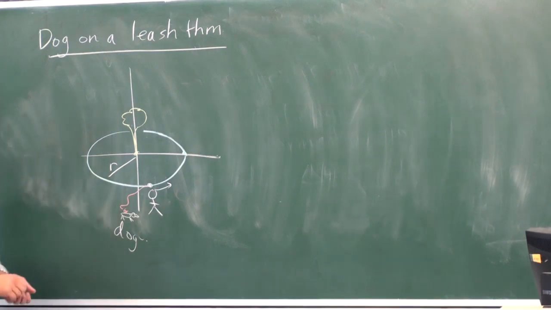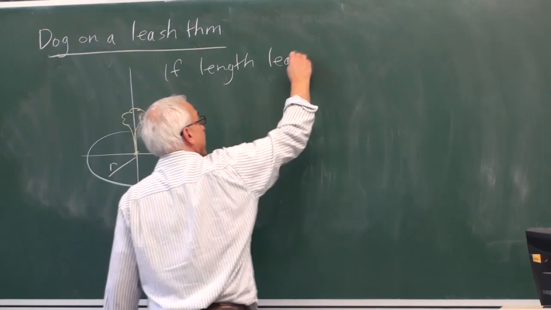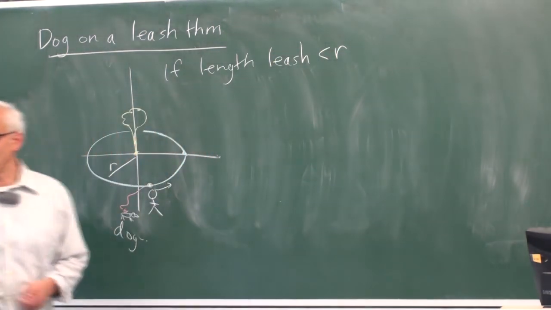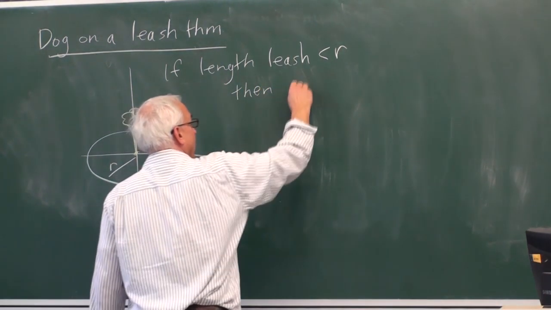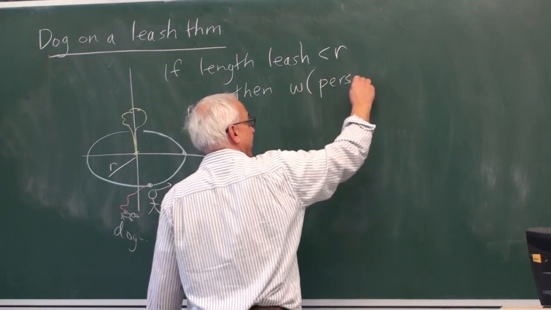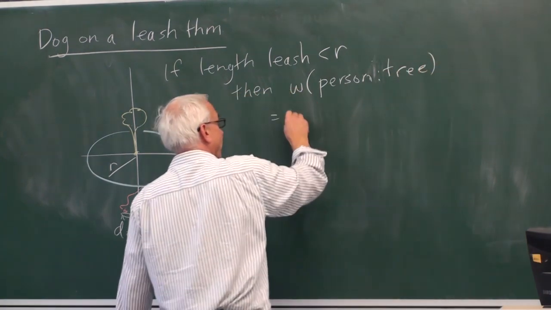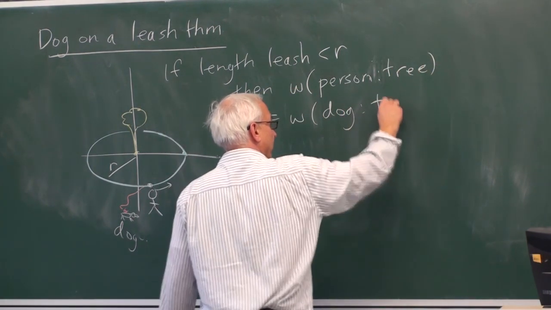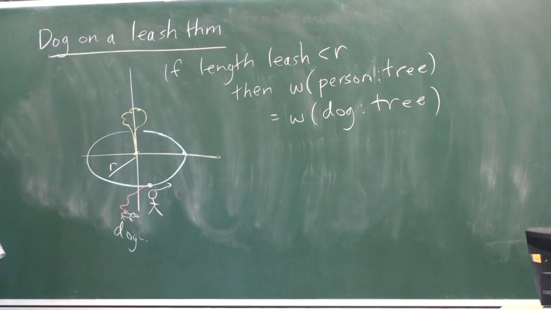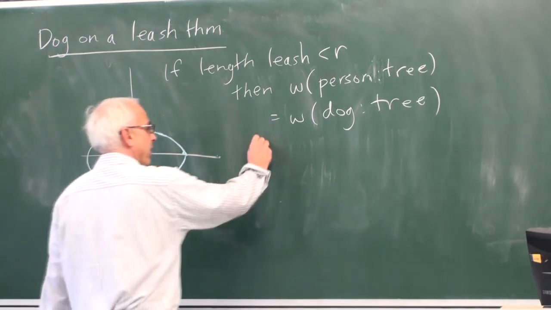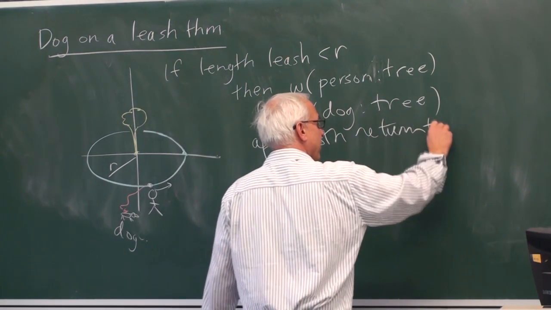And what we're told is that if the length of the leash is less than the radius of this circle, then the winding number of the person with respect to the tree equals the winding number of the dog with respect to the tree, after they've both done one complete loop, after both return to the starting position.